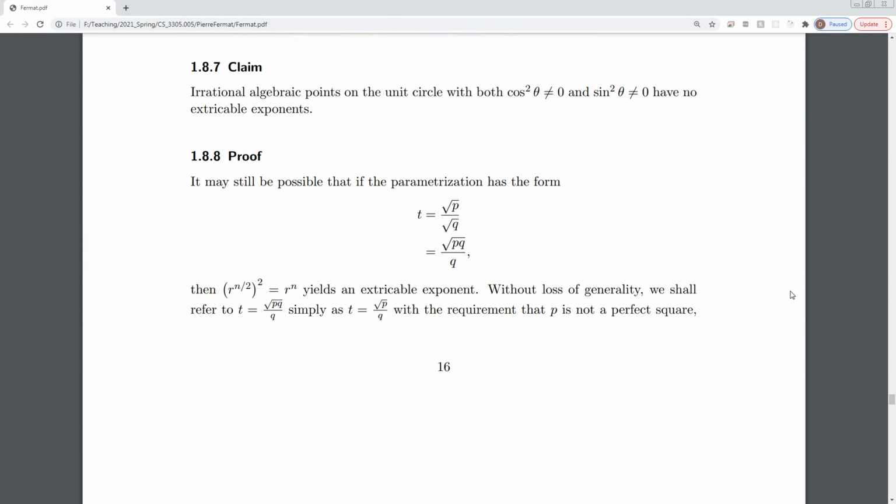So now we take a look at the algebraic points on the unit circle. So again, this time instead of cosine of theta and sine of theta not equal to 0, we have cosine squared and sine squared. And we want to know if something like square root of 3 over 2 is possible, where you square it, you end up with the rational value, and if once squared, there's some hidden exponent that you can maybe pull out.